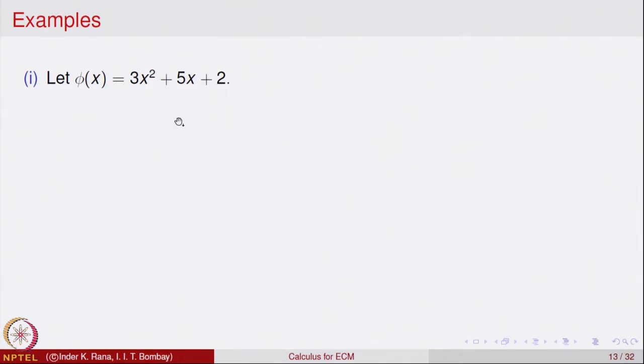So, we can think of phi as a sum of 3 functions, and then we can apply the addition rule. So, let us do that.